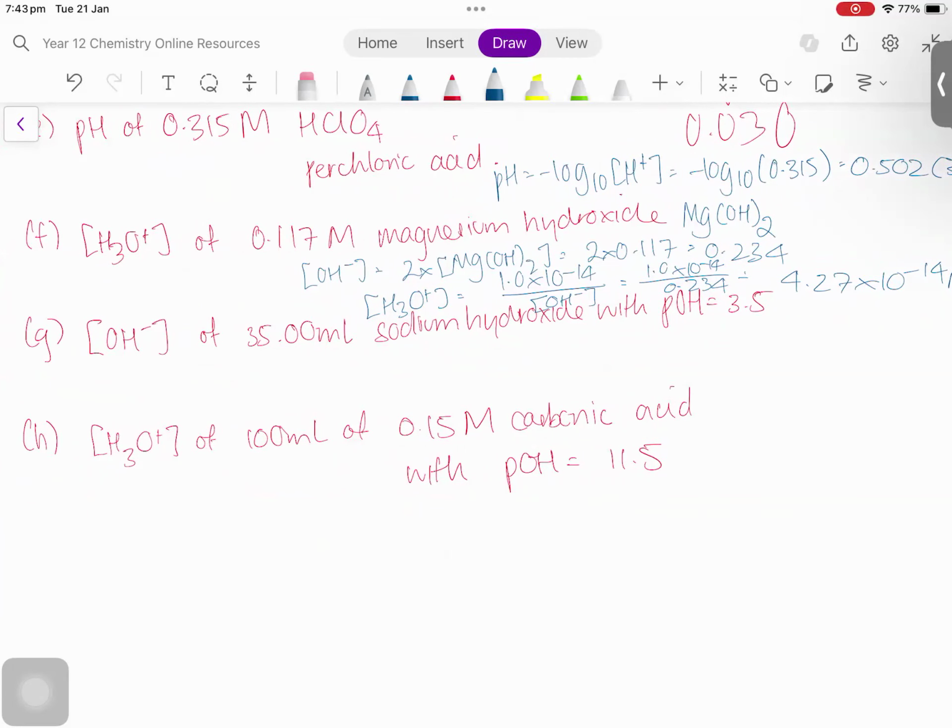And then G, you don't have to convert pH and pOH because they've given you pOH and they've asked for OH minus. So you're just rearranging the pOH equation. pOH is negative log base 10 of OH minus, so OH minus is 10 to the minus 3.5.